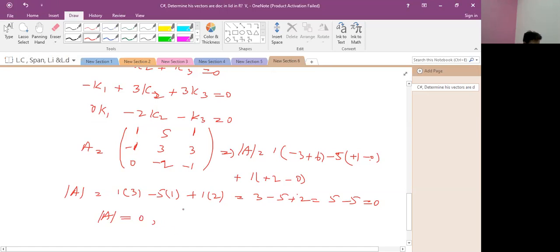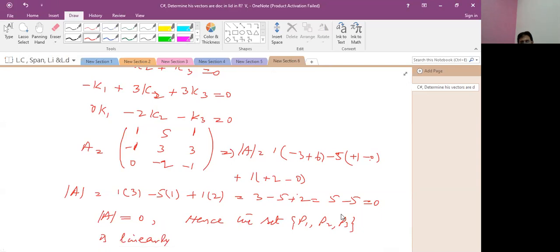Hence, the vectors are, hence the set P1, P2, P3 is linearly dependent, sorry for that, linearly dependent when determinant of A is equal to 0.